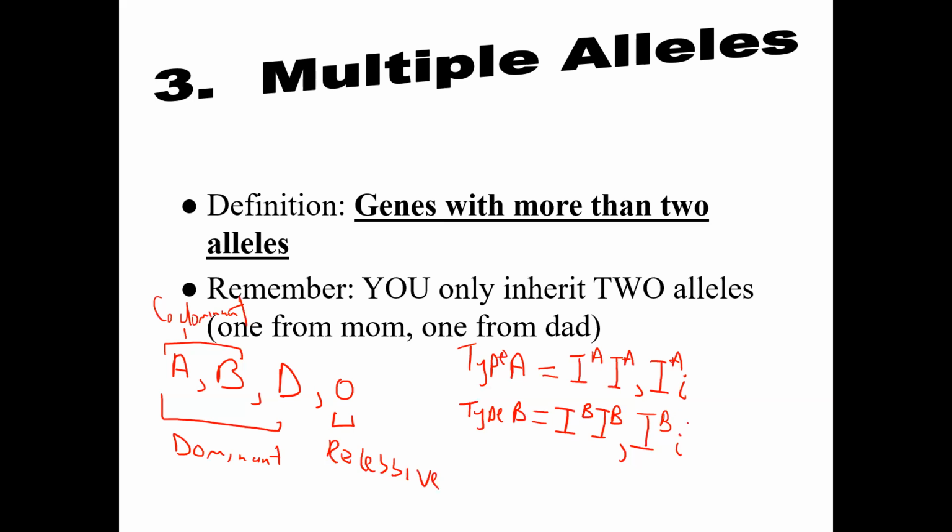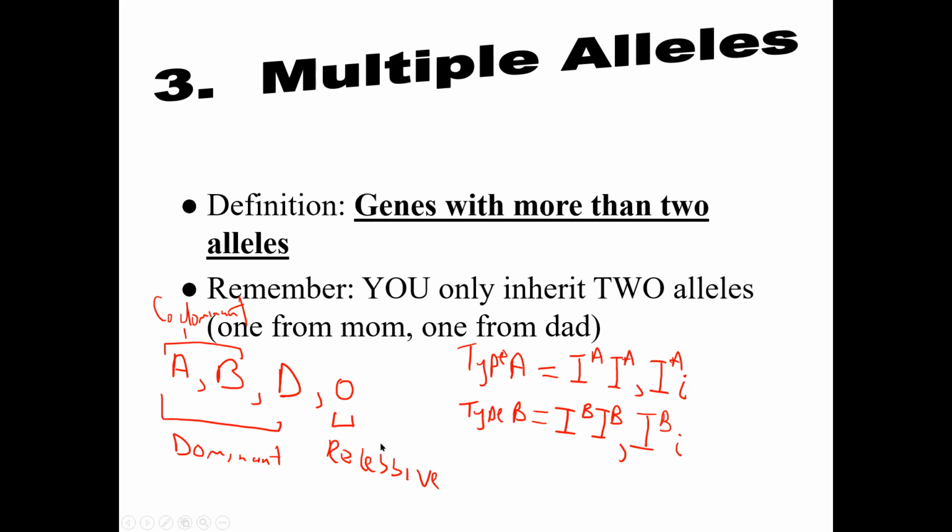The reason I said that this is the most likely blood type is because the recessive allele is more common than the B allele by quite a bit. Right? It's more than twice as common. So chances are, if your blood type is B, you're more than likely going to be heterozygous for B like this. Okay?